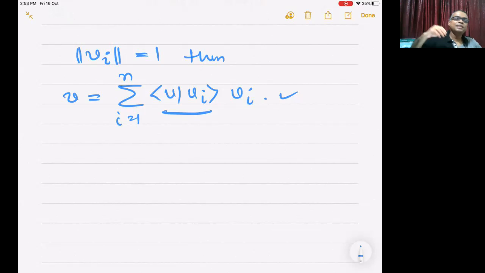There is actually an analog of this situation with matrices. Suppose we are in Rn, and there we have an orthonormal set of vectors v1 up to vn.